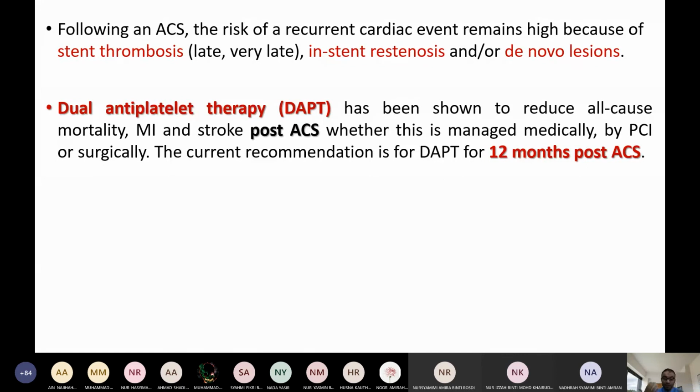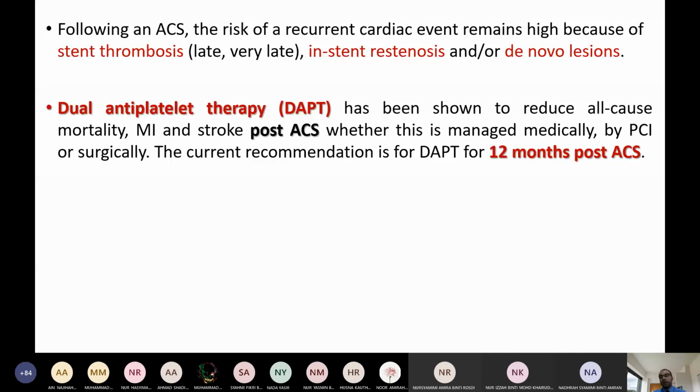So, antiplatelet therapy in general: for stable ischemic heart disease, antiplatelet is recommended, and in this indication, one antiplatelet, which is aspirin, if tolerated, will be enough. When to use dual antiplatelet therapy depends on whether the patient has ACS or not.